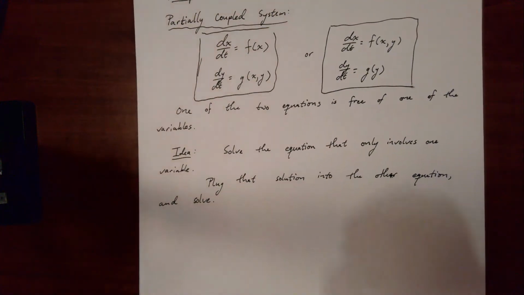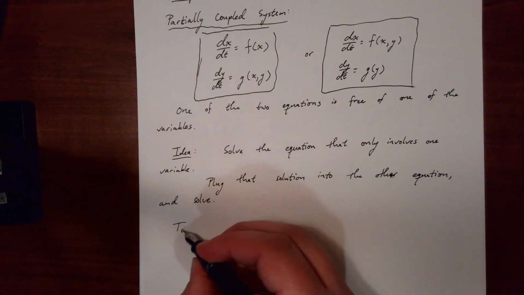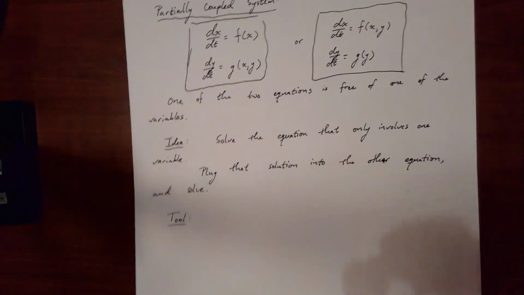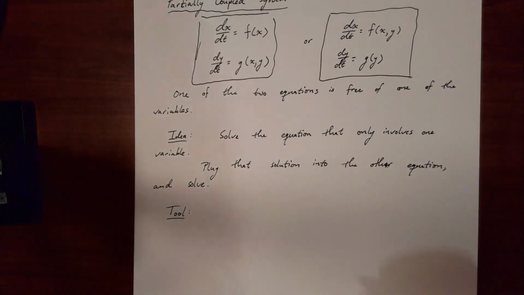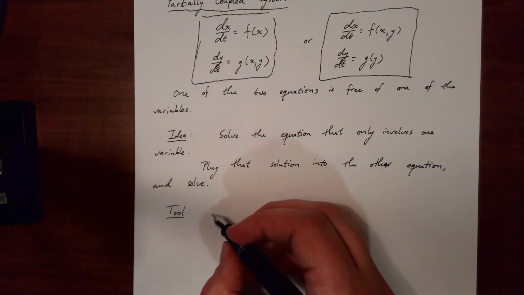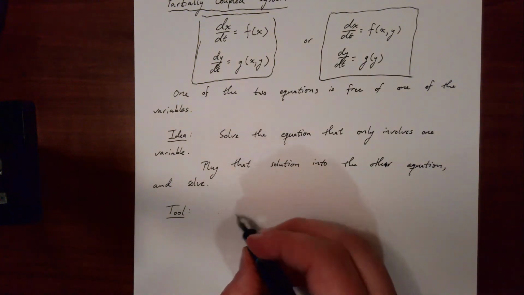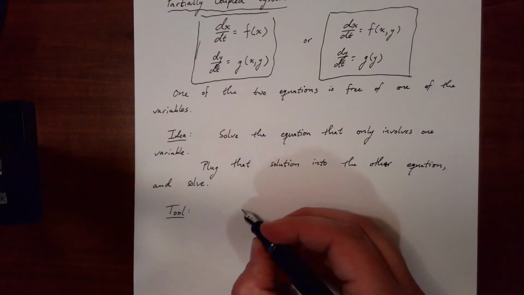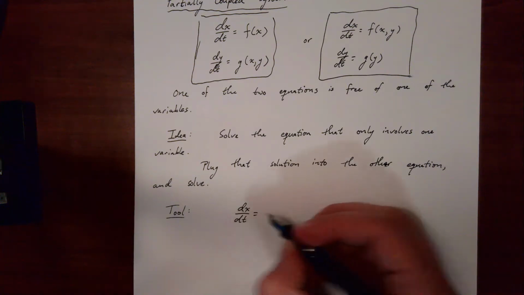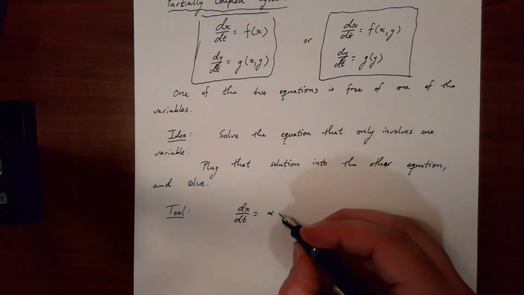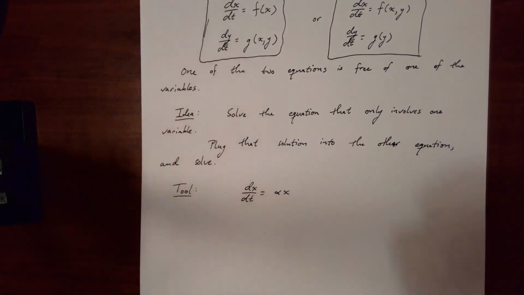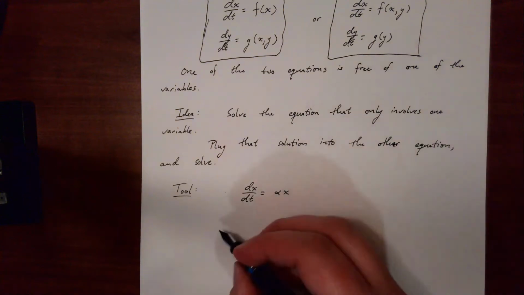Okay, so here's a tool that will come in handy. Since we are going to be pretty much exclusively focusing on situations where the functions are linear, here's a tool for a specific category of functions. So this is equations of the form dx/dt is equal to just alpha x. Just something of this form where it's just a constant coefficient.